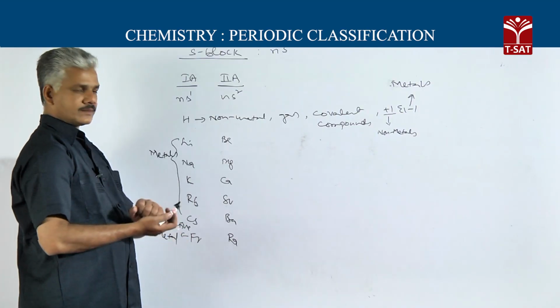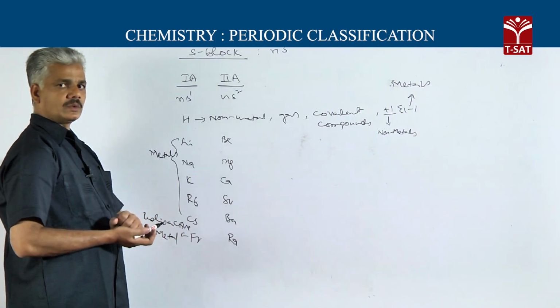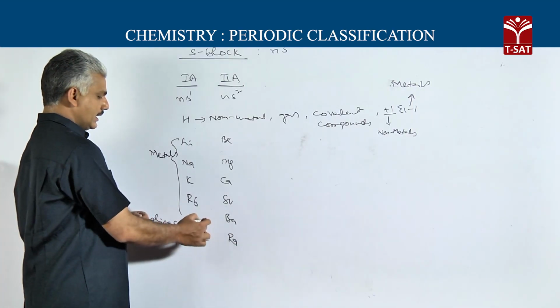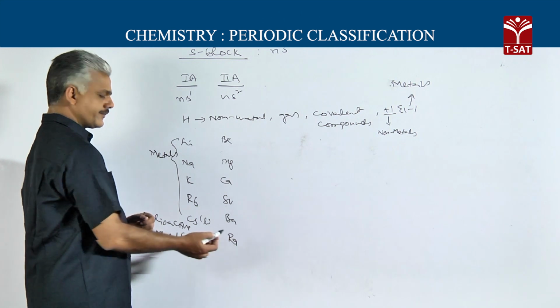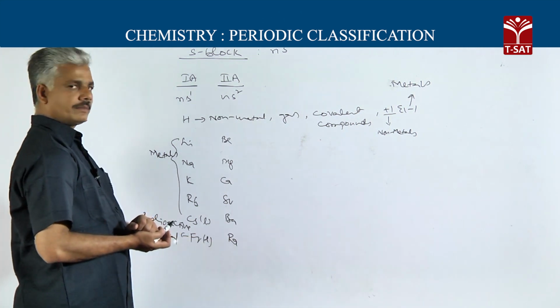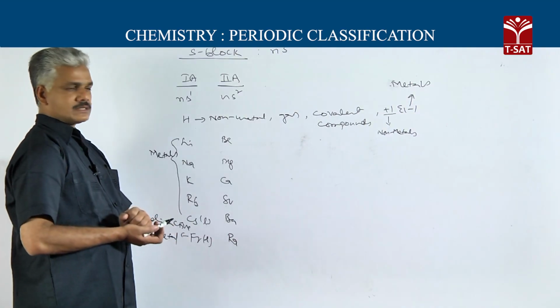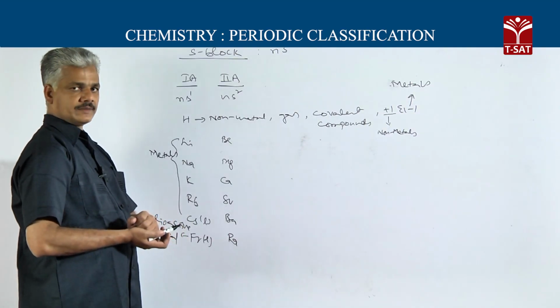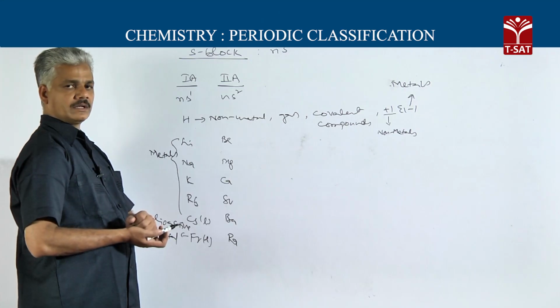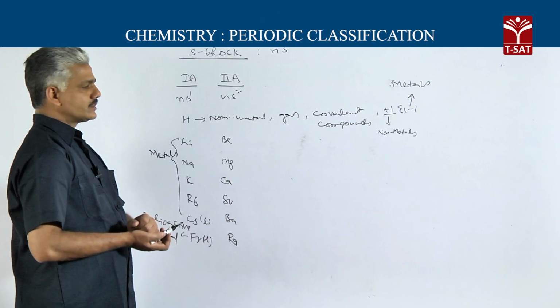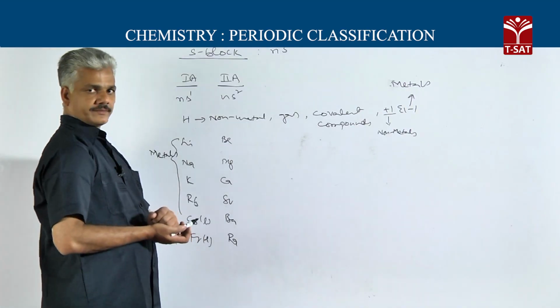Cesium and francium, their melting points are too low, so in some books they are referred to as liquid metals. Coming to their properties, these 1A group metals are highly reactive in nature and act as powerful reducing agents. Their compounds are mostly ionic in nature.